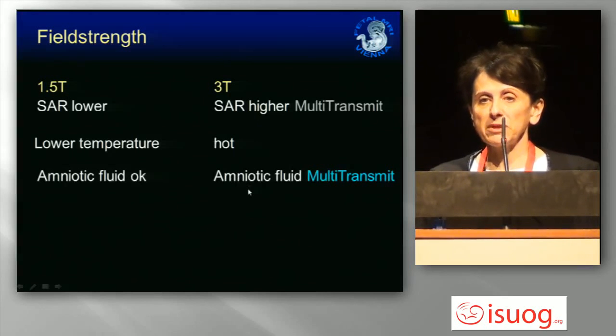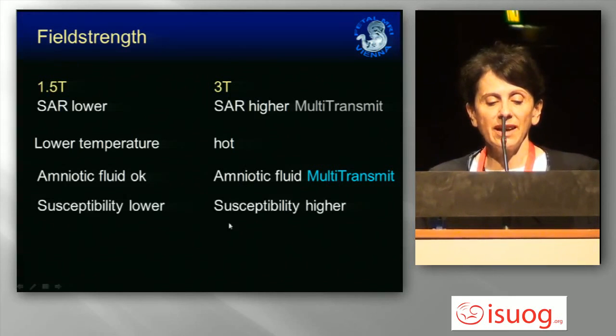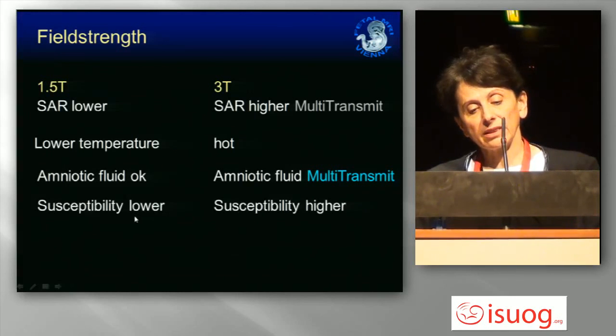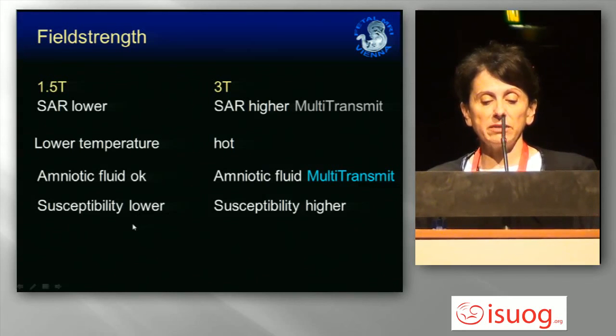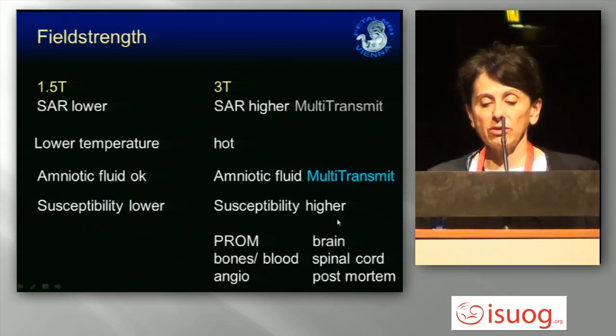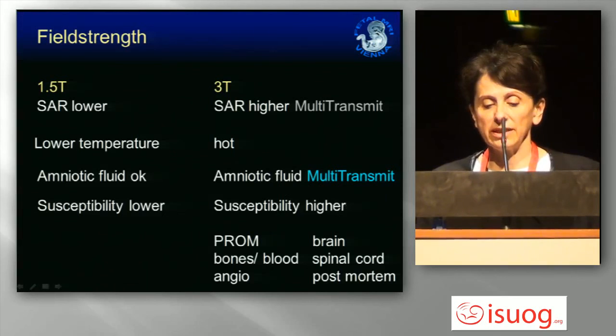You have problems with amniotic fluid. You can get rid of that with a technique that is called multi-transmit. The susceptibility, that means the sensitivity to detect some blood breakdown products, for instance, is better using 3T, and also spectroscopy, for instance, and these are the indications where we use it now.